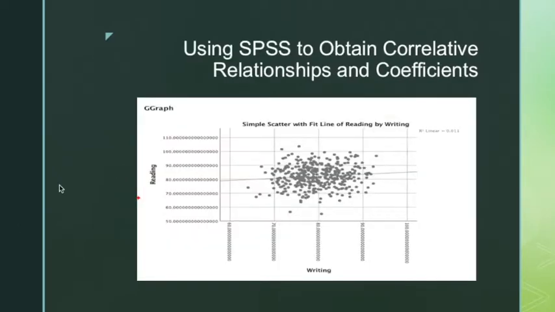We can also use SPSS to obtain correlative relationships and coefficients. So this is an example of a graph that I made using SPSS.